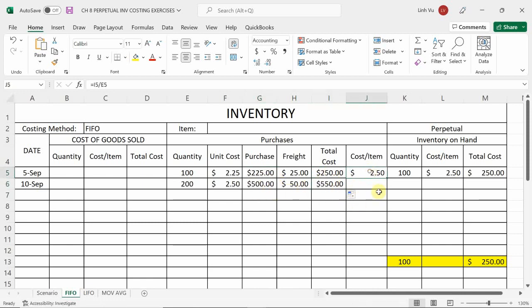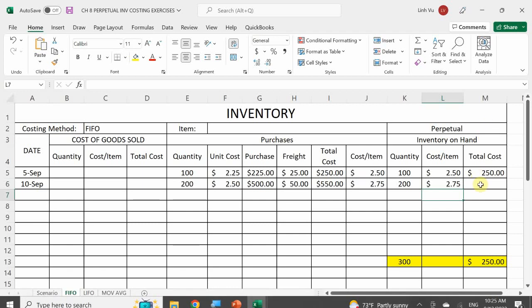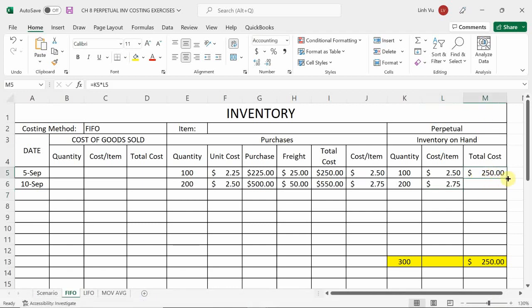What's my cost per item for this batch of inventory? $2.75. So let's transfer this batch over into my inventory on hand. Now I have 300 units at a grand total cost of $800.